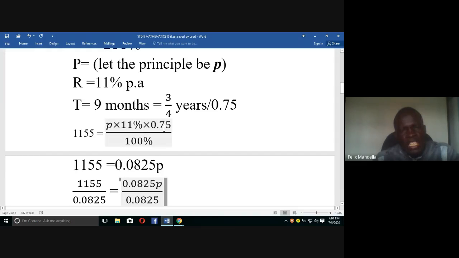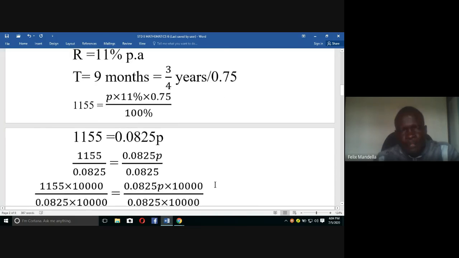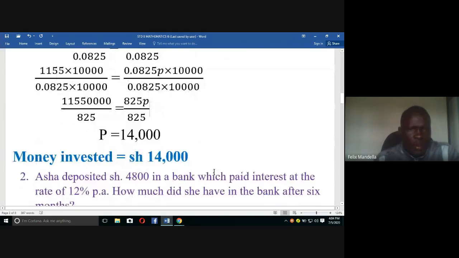Remember, I told you sometimes when the time is in months, you are supposed to put the months out of 12. You can do that, still the answer will be the same. You use 9 over 12 to make it in years. But if you work it out, you will get 0.75. So that was example 1, where we are asked to look for the principal.